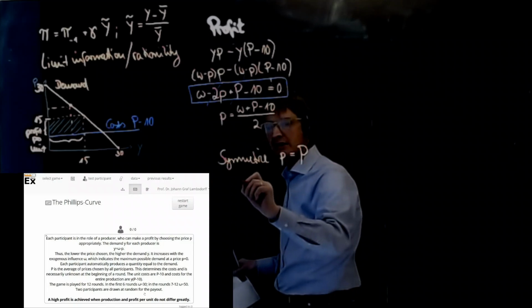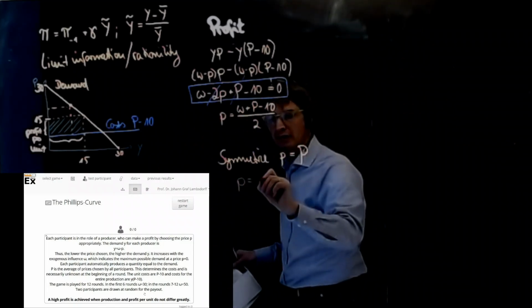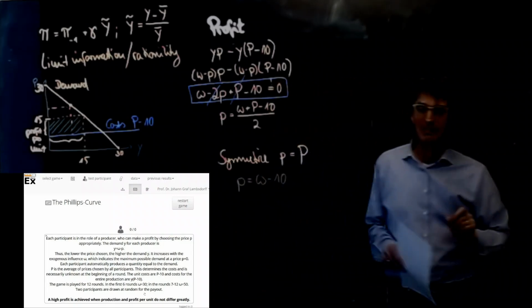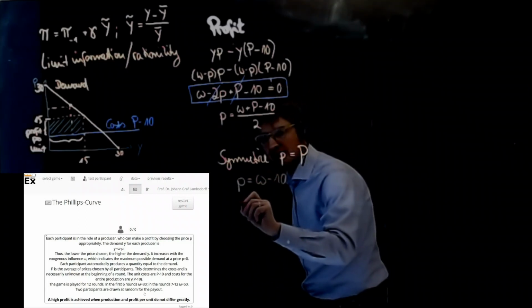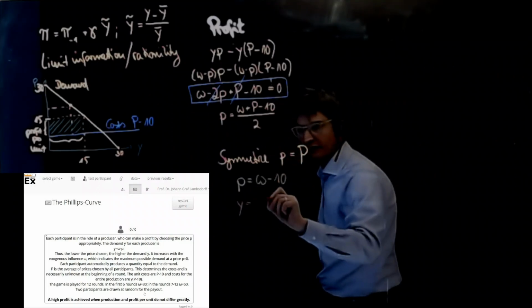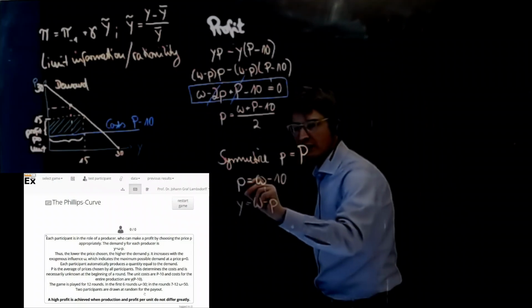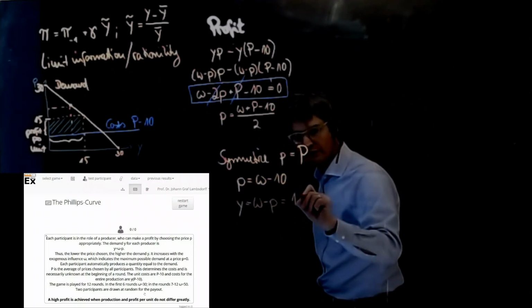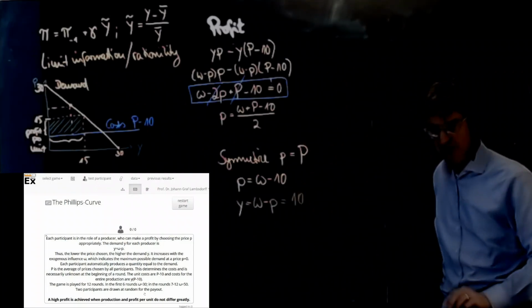The p must then be equal to omega minus 10. And when we insert this into the demand function, the demand y is equal to omega minus p. And inserting now for the p, you observe that the y, the production, should be equal to 10.